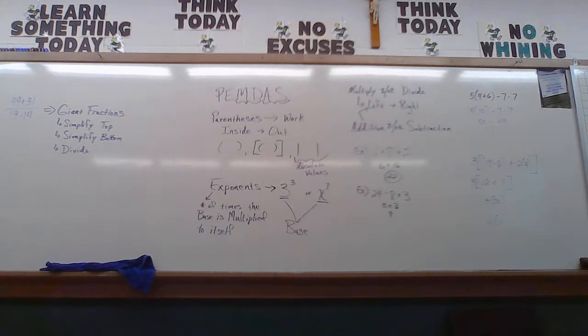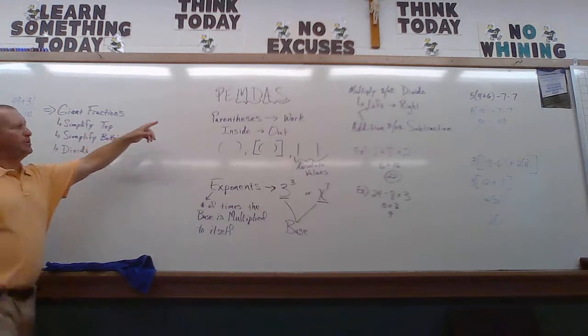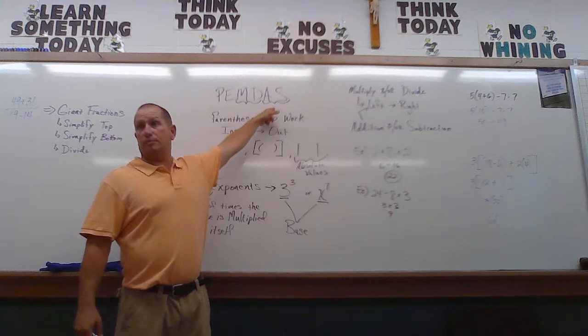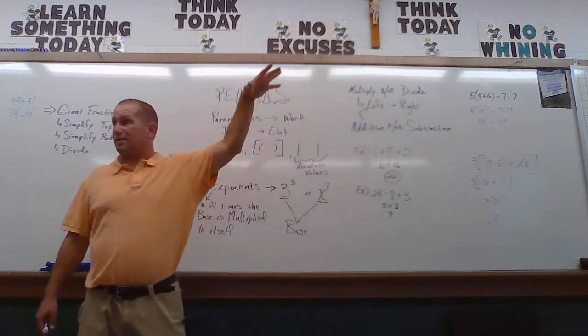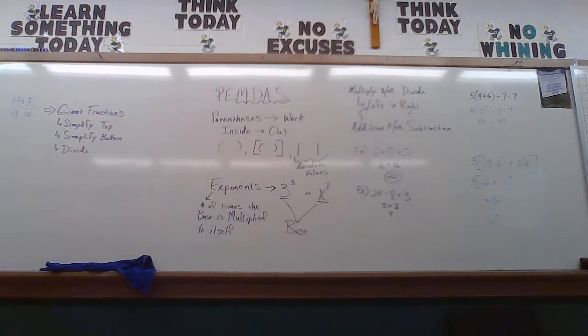And that's why we have to talk about this one, because it is special. Okay? So when I'm going to divide, it is my last step, but it should actually occur before addition and subtraction, but it's not always going to do that in these special cases.